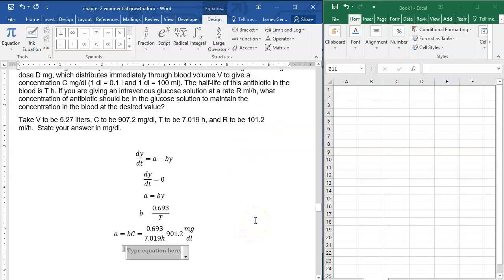So let's put blood volume in deciliters, 52.7 deciliters, and let's put R in deciliters, 10.12 deciliters per hour.